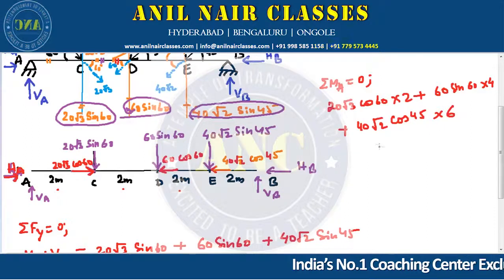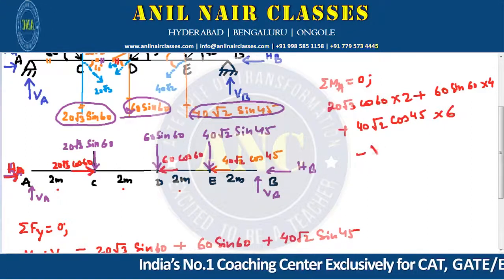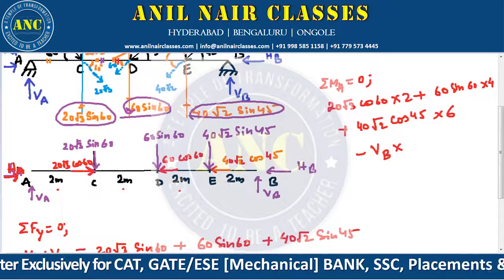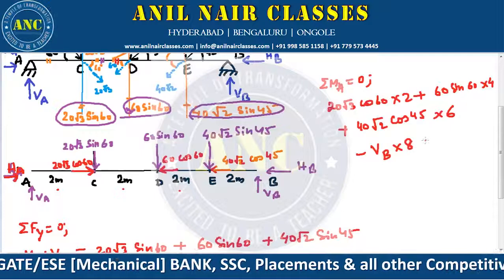Next VB, but that is in the opposite direction, minus VB into 8, is equal to 0.